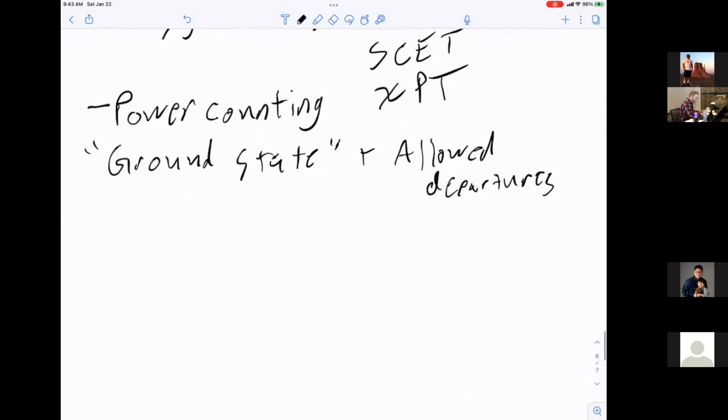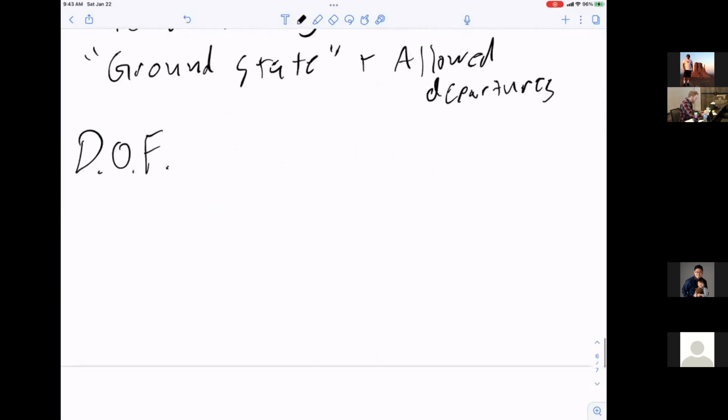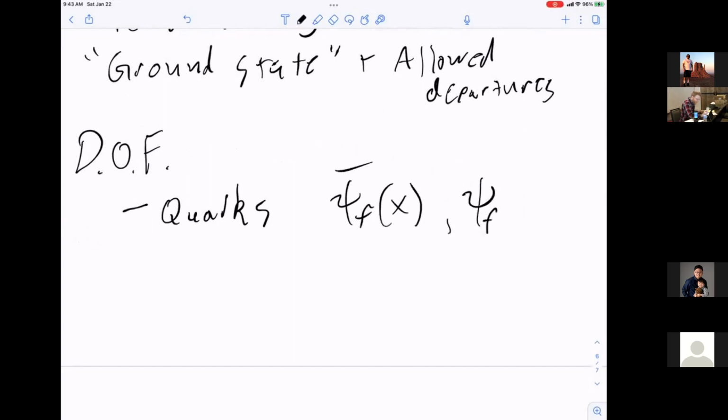So what are our degrees of freedom in QCD? Well, that's simple. It's quarks. So I'll have some field operators, and these are flavor indices here.